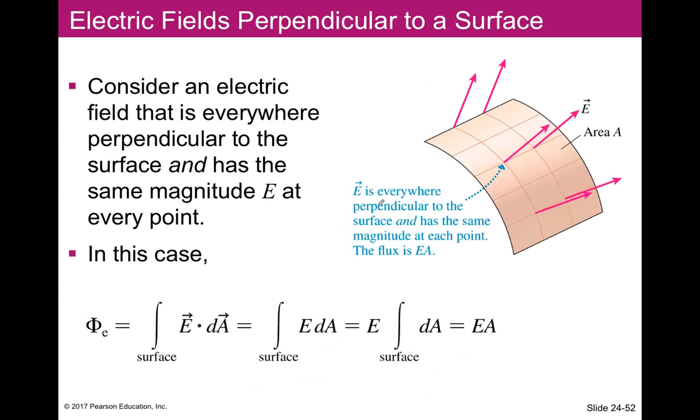Now, in another case, let's consider the electric field is everywhere perpendicular to the surface and has the same magnitude E at every point. Then in this case, what's the theta between your surface vector and your E vector, or electric field vector?